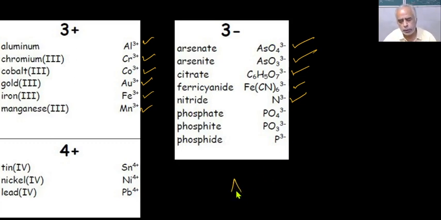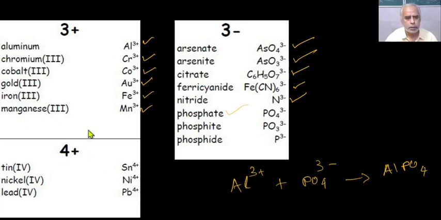So let us consider aluminium 3 plus. Let us combine with phosphate, PO4 3 minus. So straight away you can write AlPO4. And similarly let us consider iron, Fe3 plus, that combines with ferricyanide.